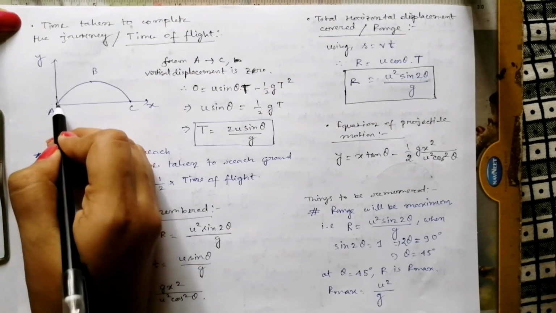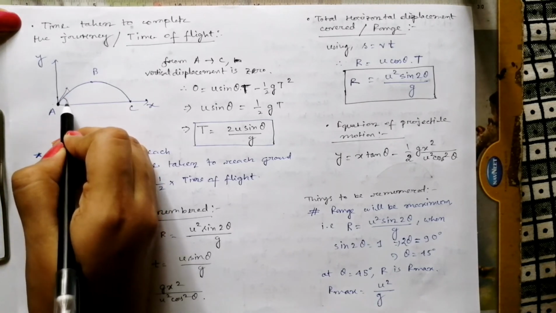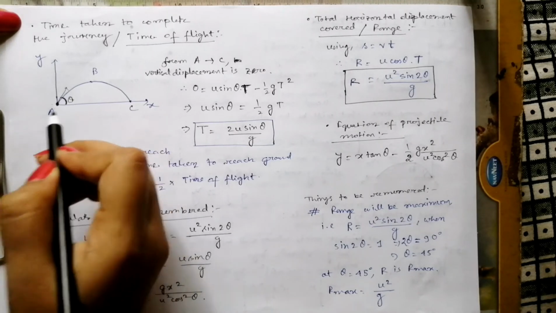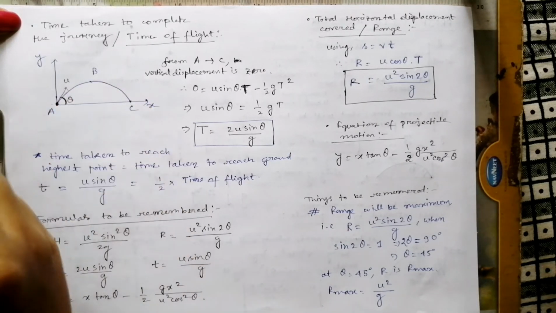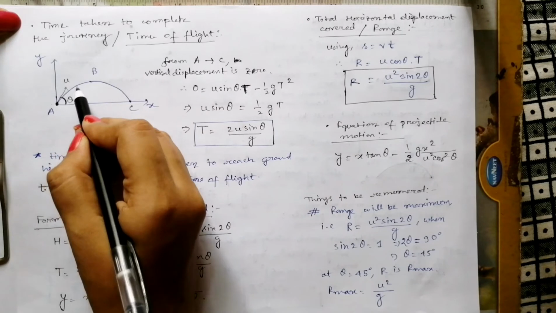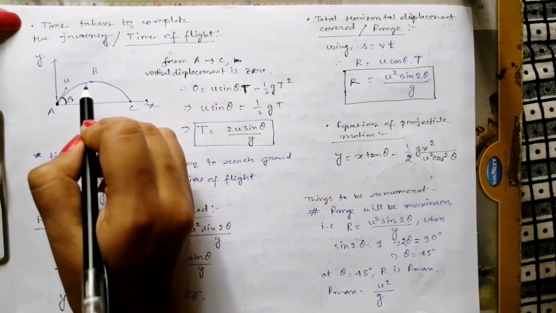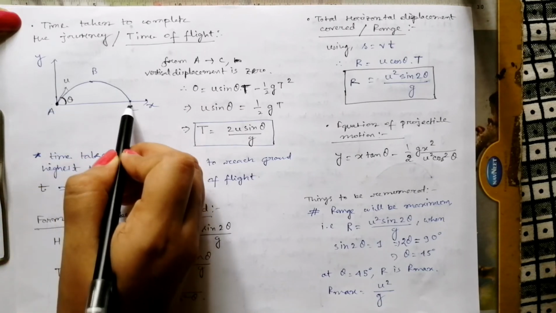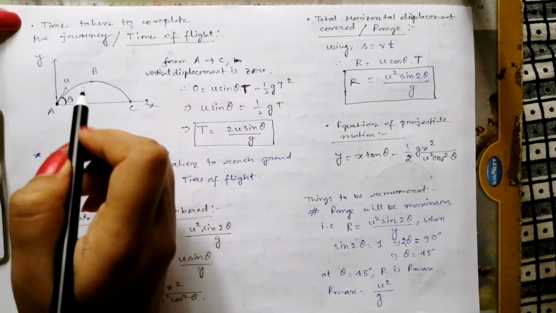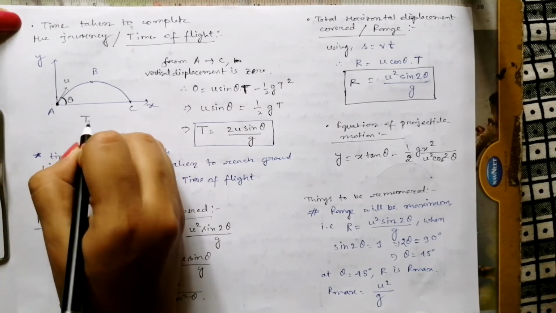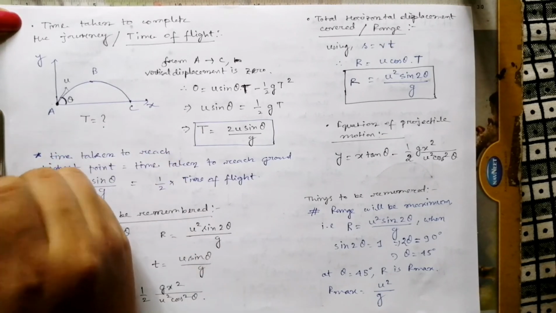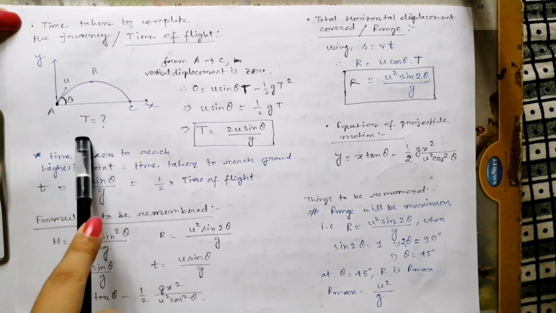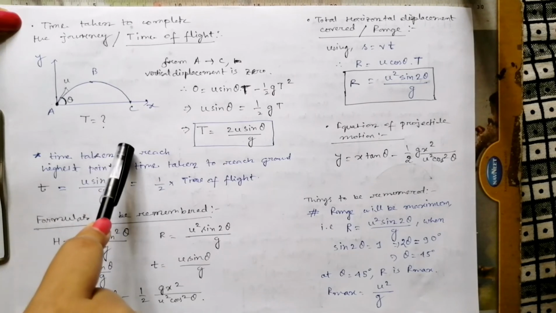I am throwing this particle with angle theta with the horizontal with some initial velocity u. The particle will attain a maximum height, then again fall to the ground, that is from A to point C. If the particle takes time t, then what is time t? That's what right now I want to get.